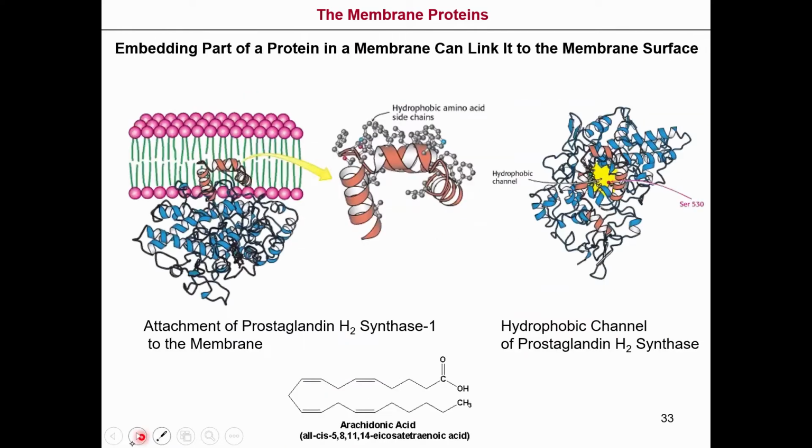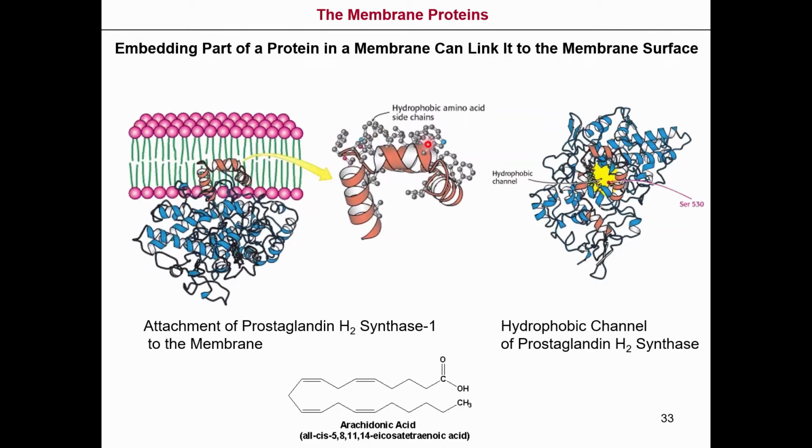Another example of membrane proteins. So you have this time a membrane protein which is not integral. Only 3 alpha helices are in interaction with the membrane.